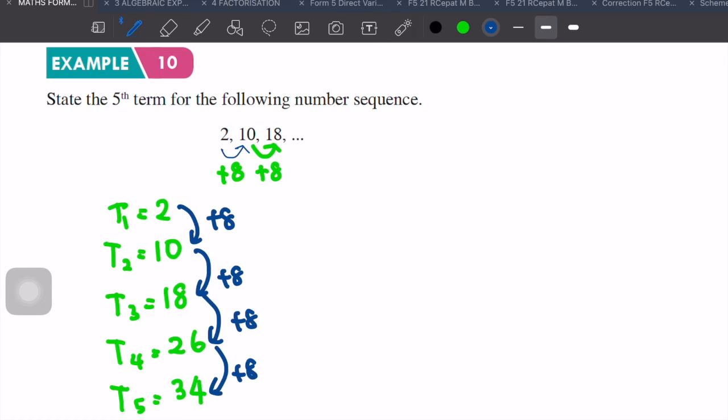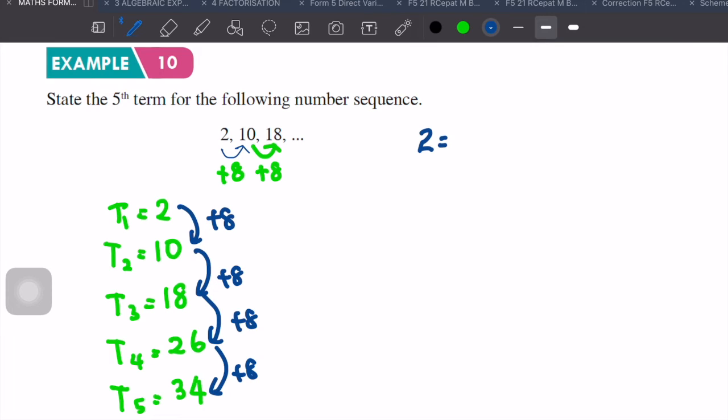How can I do it using what you have learned before, for example, algebraic expressions? I write 2 here.